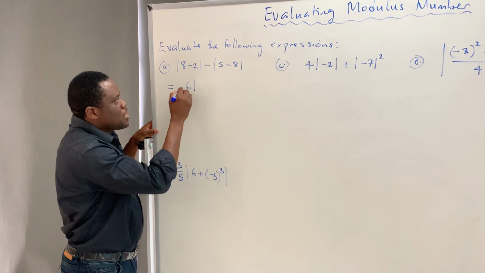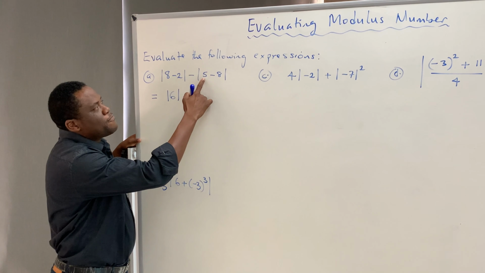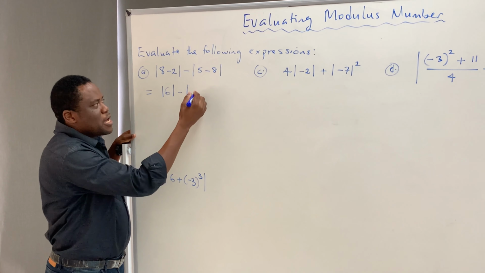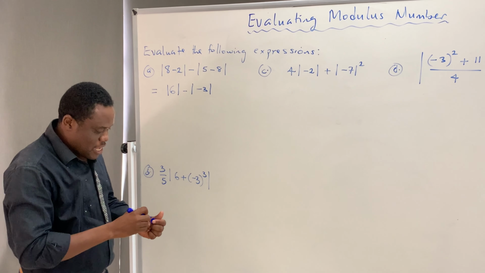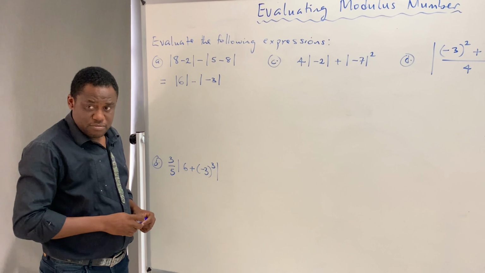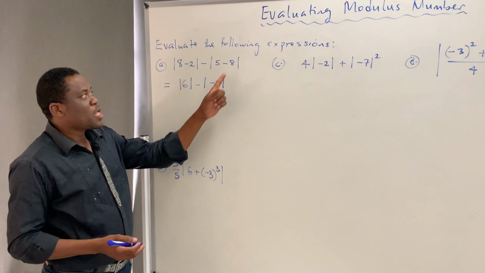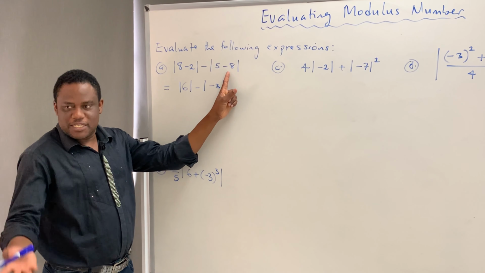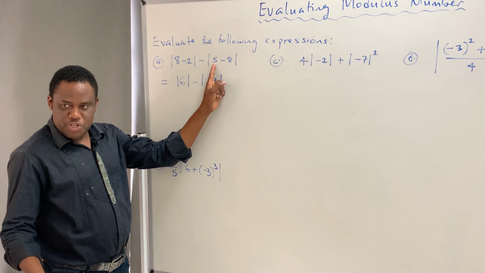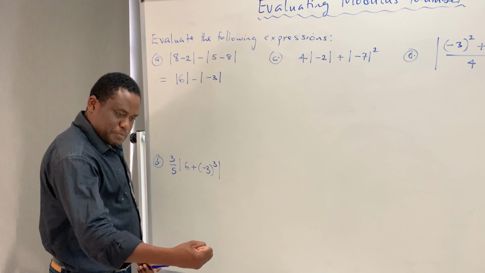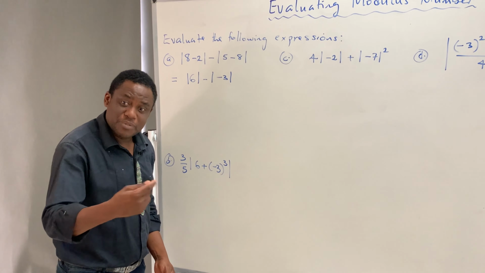So we have modulus of 6 minus modulus of 5 minus 8. 5 minus 8 is -3. Don't forget, we explained this in number part 1: you are owing $8 and you have $5 with you. If you pay 5 out of the money you are owing, you will still be owing 3, right?